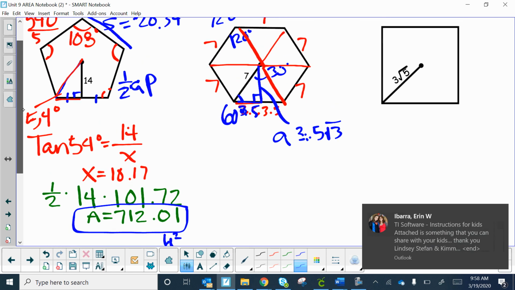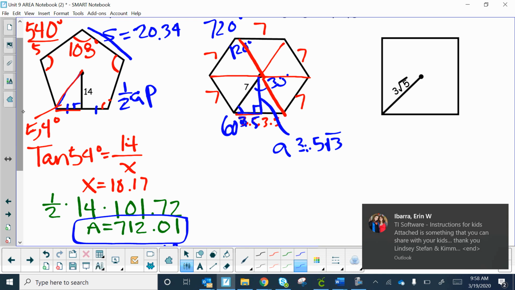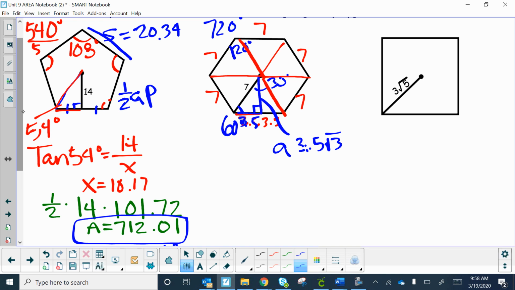Now, I will say this, on the homework, I'm having you leave some of the answers in radical form. So let's practice leaving this in radical form. So I have 1/2, apothem is 3.5 radical 3 times the perimeter, which is 7 times 6, 42.